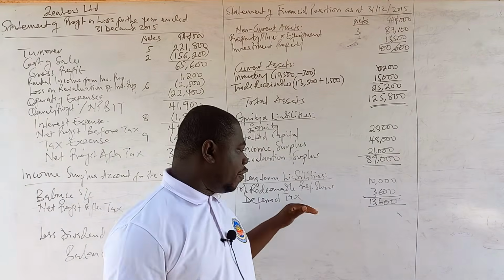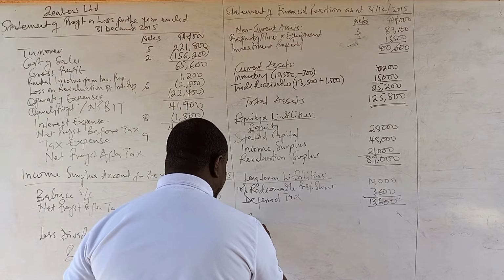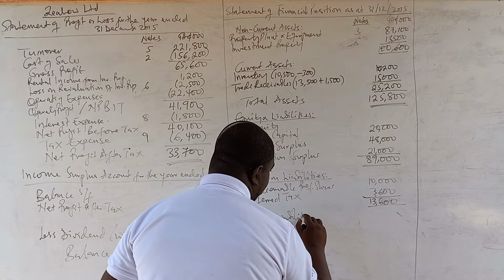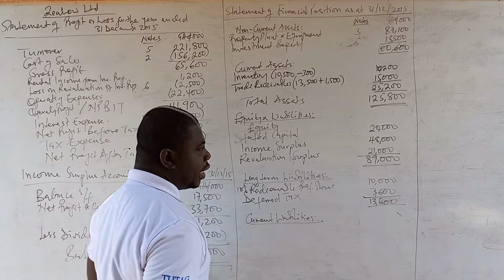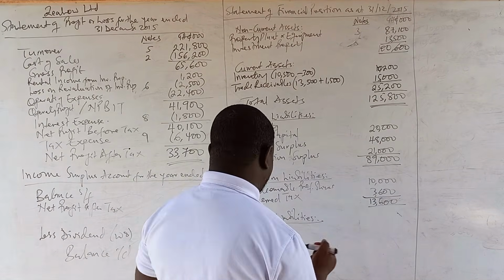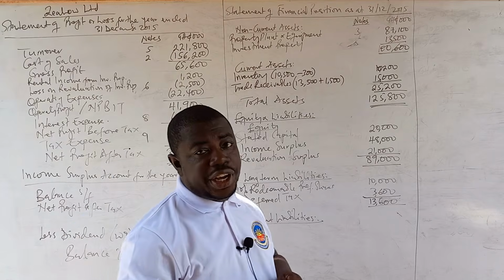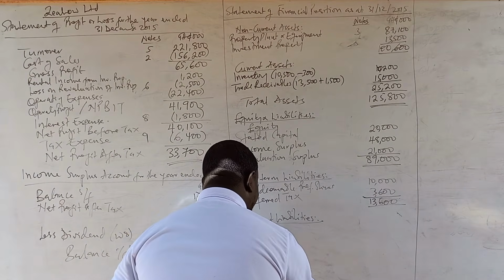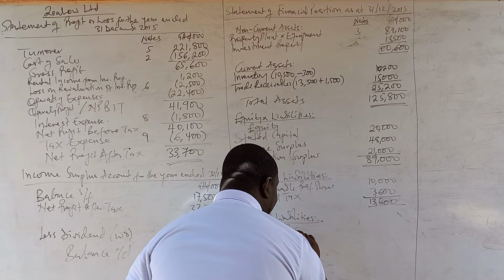And when we are done, the final thing is about the current liabilities. We leave a space and we write current liabilities. And then we can underline that as well. Now, under current liabilities, in the trial balance, we have trade payables. But remember that the trade payables will be affected also by the joint venture.